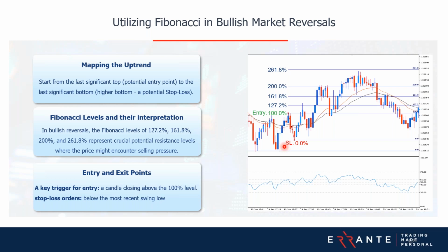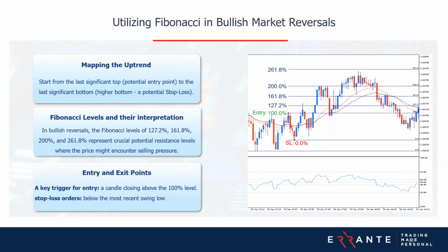The step-by-step method of drawing these levels on the chart involves selecting the Fibonacci retracement tool in your trading software, then clicking at the swing top point, then dragging the tool to the swing bottom point from left to right, ensuring it's aligned with the significant peaks and troughs in the prior trend.